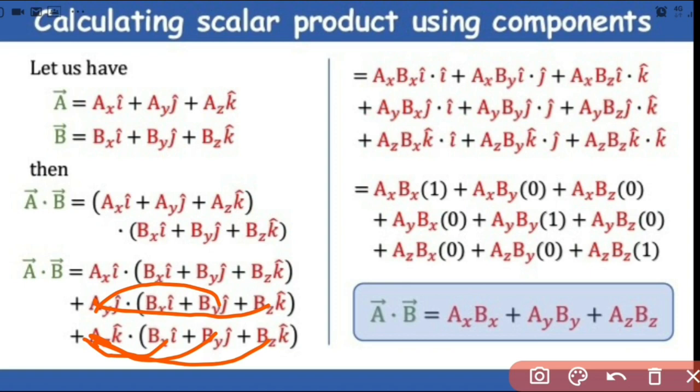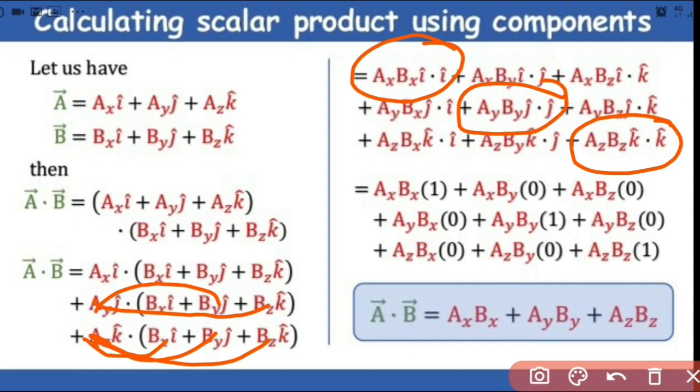Of these 9 terms, only 3 terms will be non-zero, all other terms will be 0. Because we know i dot j, j dot k, k dot i, all those dot products are zeros. So only 3 non-zero dot products we have: i dot i, j dot j, and k dot k.